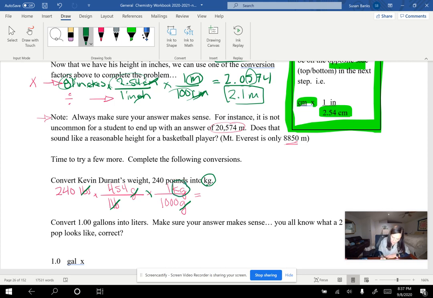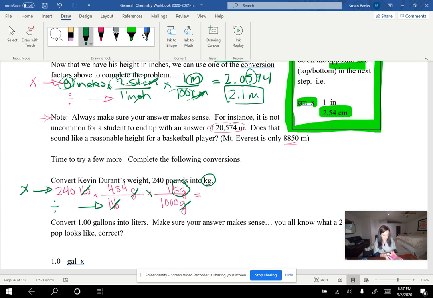So mathematically, once again, everything on the top we are going to multiply by, and everything on the bottom we are going to divide by. So I'm going to take 240, multiply it by 454, and then divide by 1,000.